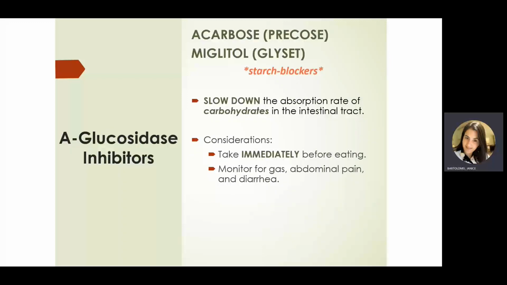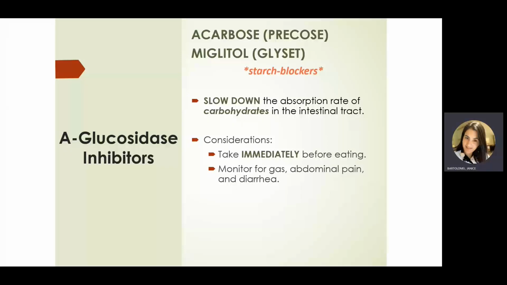Okay, your other one is your alpha-glucosidase inhibitors. These ones are called the starch blockers, and I do not have an ending for them. What they do is slow down the absorption rate of carbohydrates in the intestinal tract. So instead of the intestines absorbing carbs like they normally do, it's just a slower process.